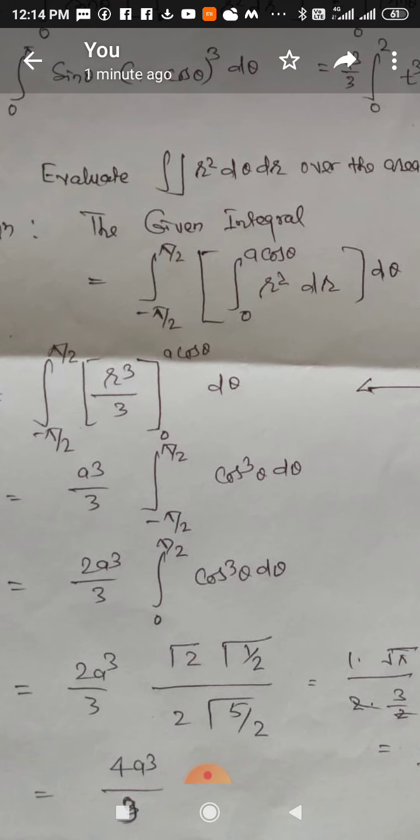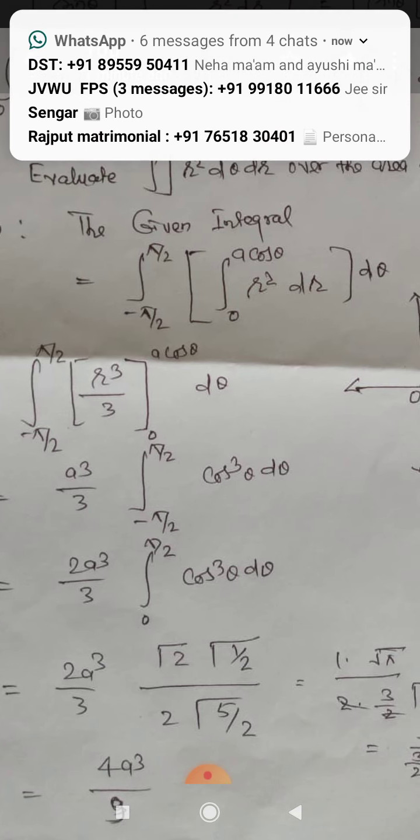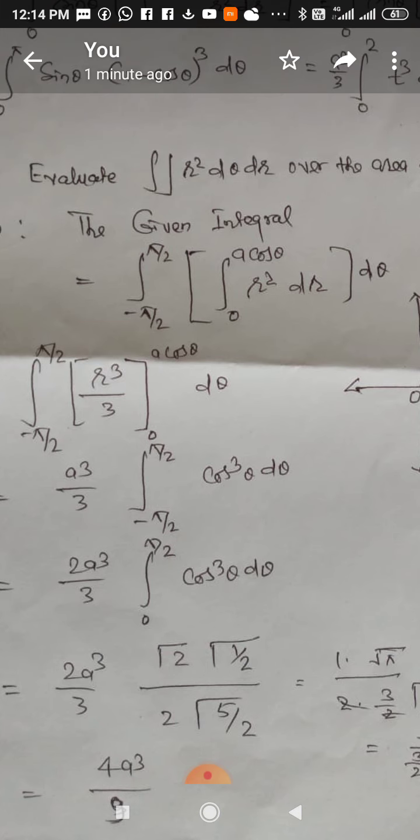Now this function is like cos to the power m theta sin to the power n theta d theta from 0 to pi by 2. This is the gamma function formula. If it is cos m theta sin n theta d theta with limit 0 to pi by 2, then the formula will be gamma of (m plus 1) by 2 times gamma of (n plus 1) by 2, upon 2 gamma of (m plus n plus 2) by 2.